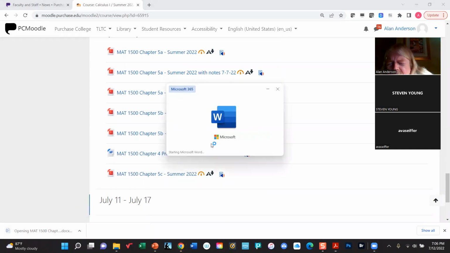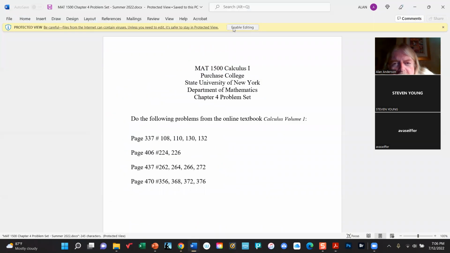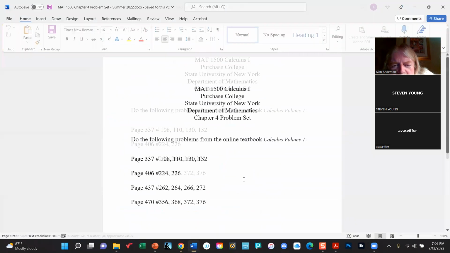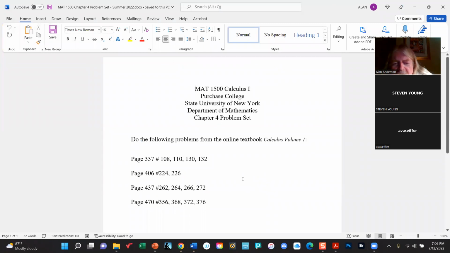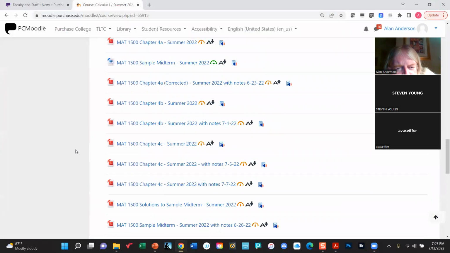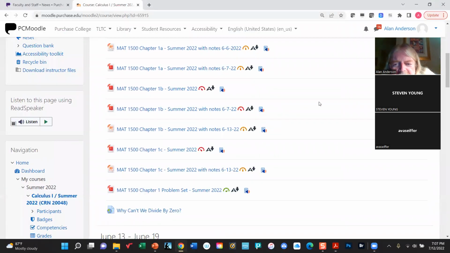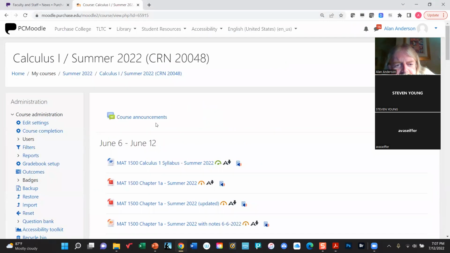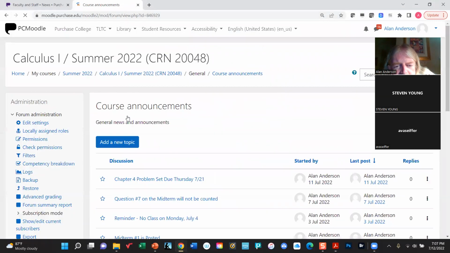As usual, I went through the book and chose several examples that I think make sense. I don't think you'll have any trouble with these because we spent a lot of time going over examples just like these. I also posted a due date, and now I've forgotten what it was. So let's look at the announcements. Thursday the 21st.